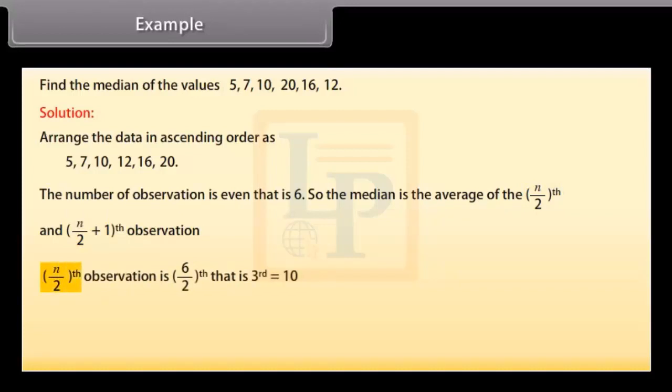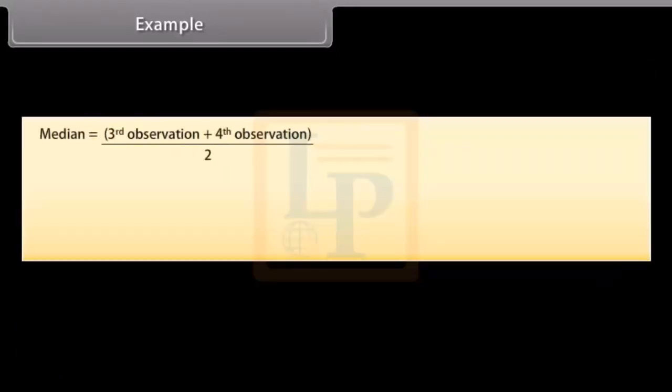N by 2th observation is 6 by 2th, that is third, equals 10. N by 2 plus 1th observation is 6 by 2 plus 1th, that is fourth, equals 12. Median is equal to (third observation plus fourth observation) by 2, which equals (10 plus 12) by 2 equals 11.